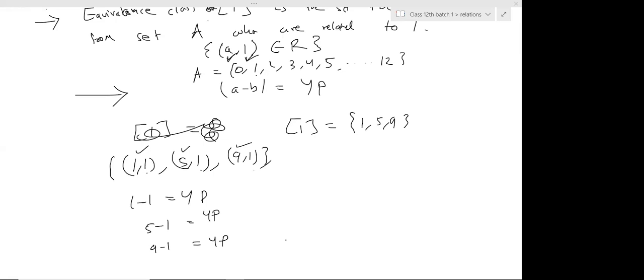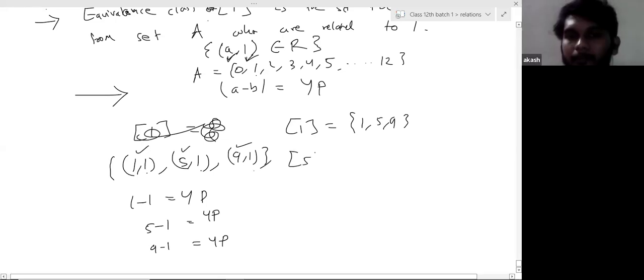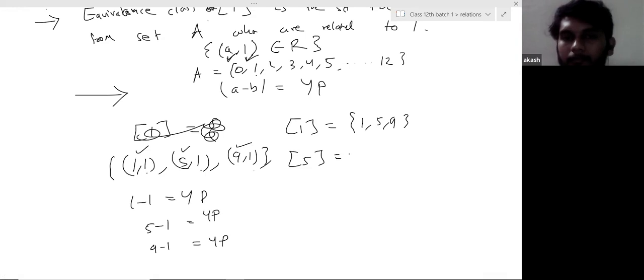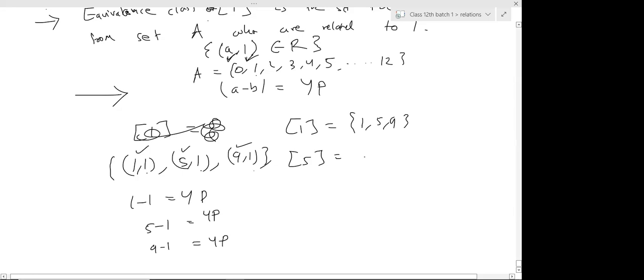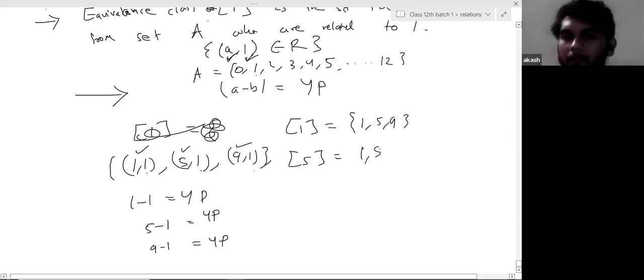All right. Can anyone tell me what the equivalence class of 5 will be? So (1, 5). Ronaldo, you were saying (1, 5); is there any other element? 1 minus 5 is a multiple of 4. 5 minus 5 is a multiple of 4. 9 minus 5 is also a multiple of 4, right?